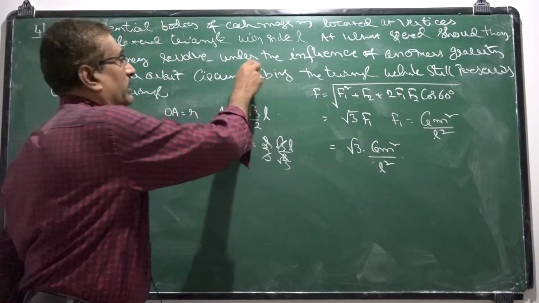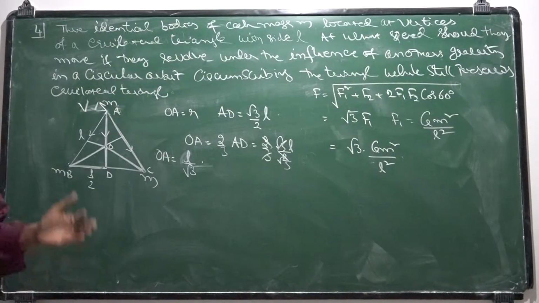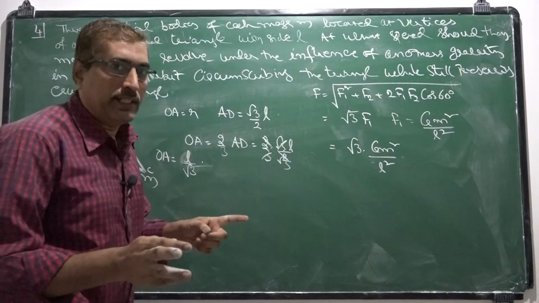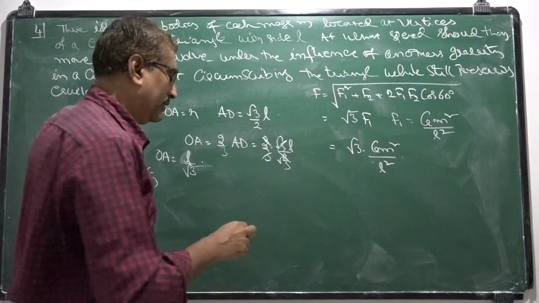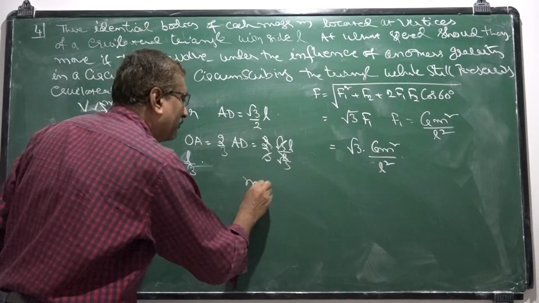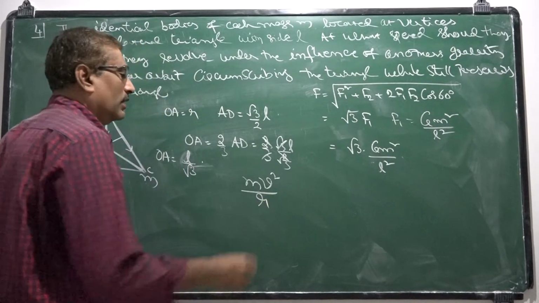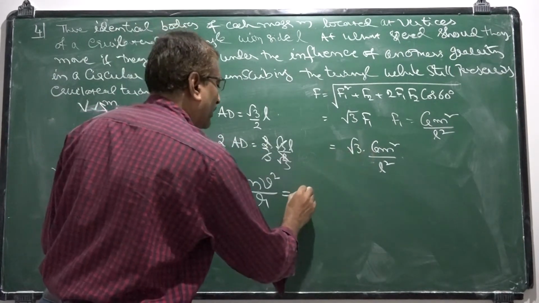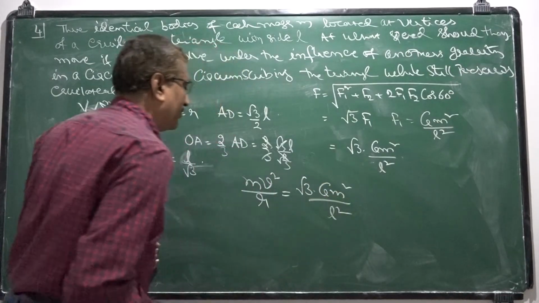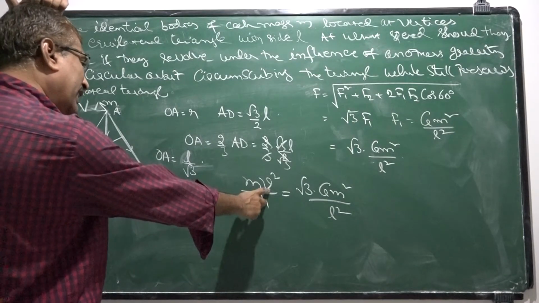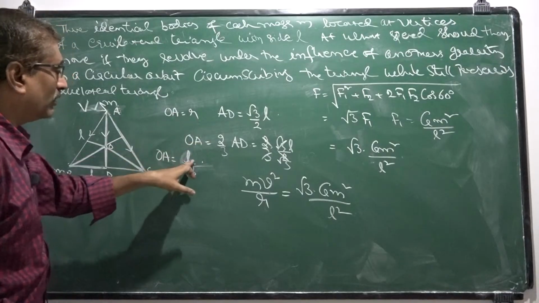But here it is given that the particle revolves only under the influence of gravitational force. That means when it is revolving, the necessary centripetal force is supplied by this gravitational force. Whenever it moves in a circular path, the necessary force required is the centripetal force, that is m v square by R, equal to root 3 G M square by L square. But R we have calculated, OA is equal to L by root 3.